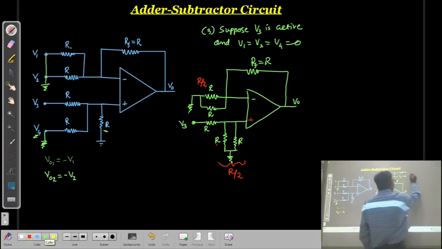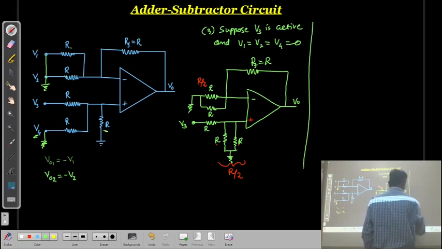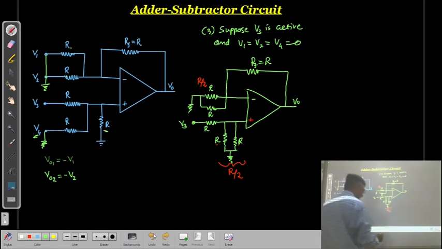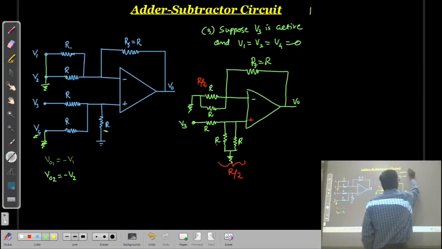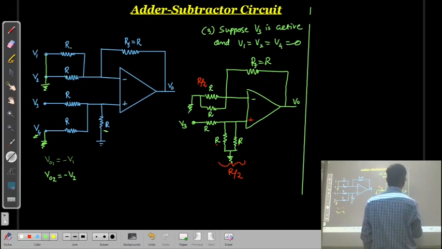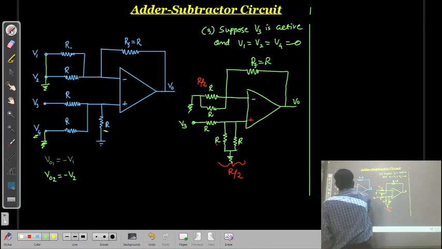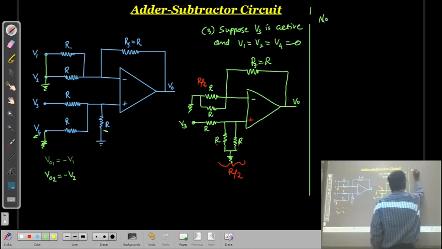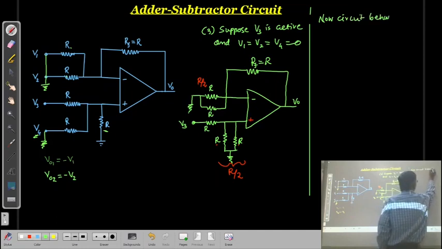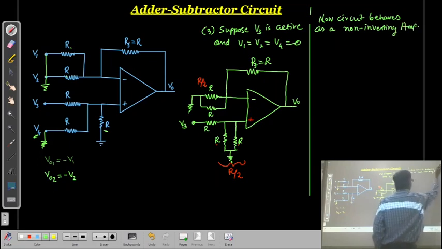So here we can write, now the circuit behaves as a non-inverting amplifier. Correct?